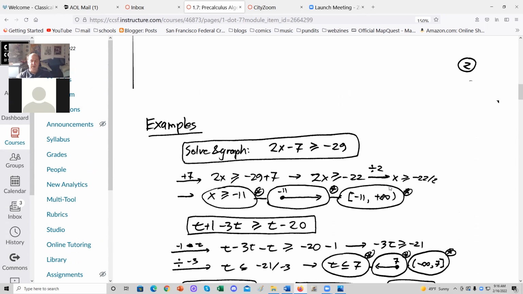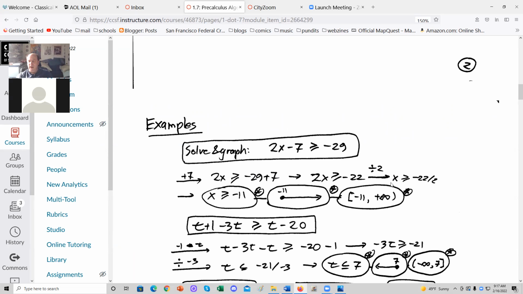Okay, so for example, let's solve and graph 2x minus 7 is greater than or equal to negative 29. First thing to do is we add 7 to both sides. That way it cancels on the left, and on the right you get negative 29 plus 7. So 2x is greater than or equal to negative 22. Now we divide both sides by 2. That's dividing by a positive number, so the inequality sign stays the same.